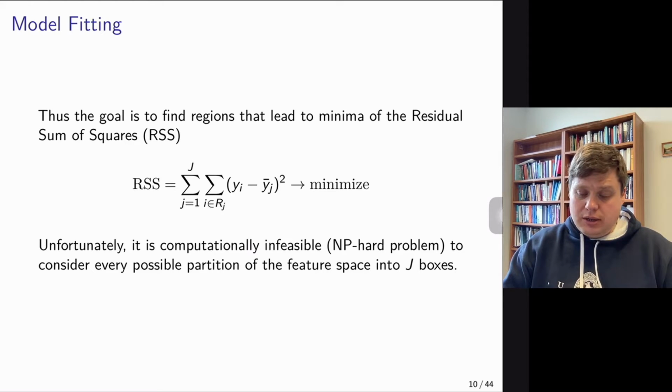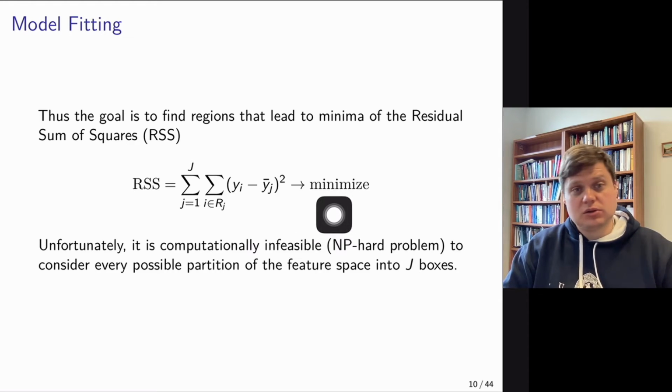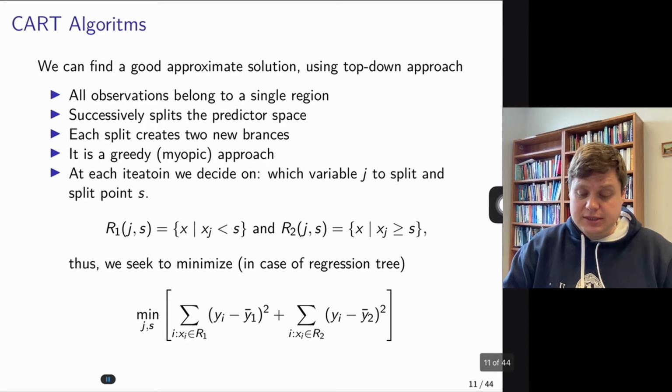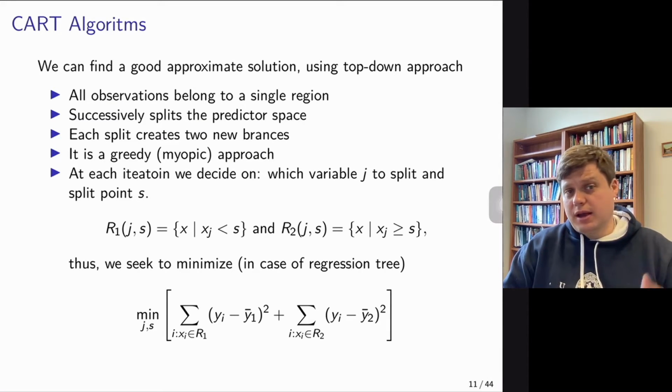And actually, till nowadays, we don't really know how to solve those problems efficiently. So this minimization problem is not the one we're actually going to solve while finding a tree. We're going to be solving something else, applying what is called a myopic approach. The algorithm that solves this problem using this myopic shortcut is called the CART algorithm.